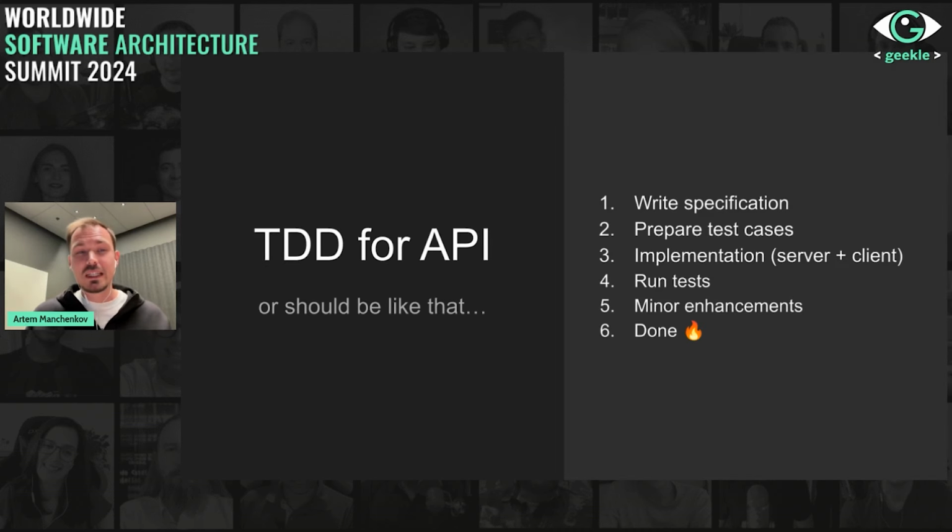So I personally consider it as test-driven development for the API, because it just helps me to understand the meaning of this specification-first approach. You start with a specification, then you prepare test cases based on it. But test cases not for your code, but for your system, for your business scenarios.